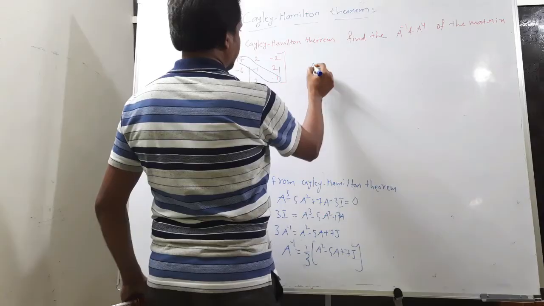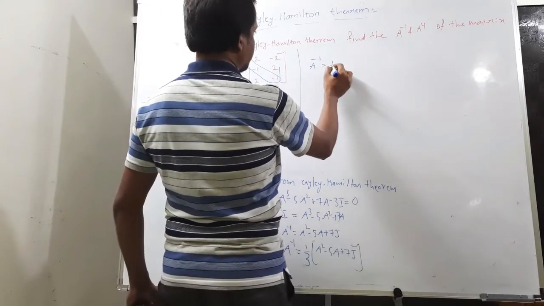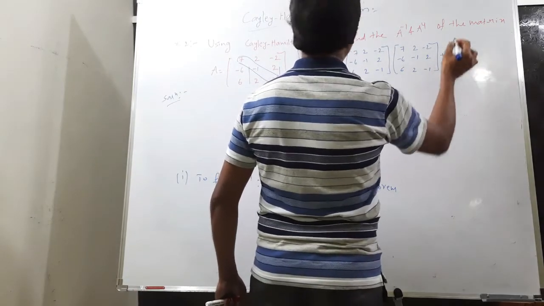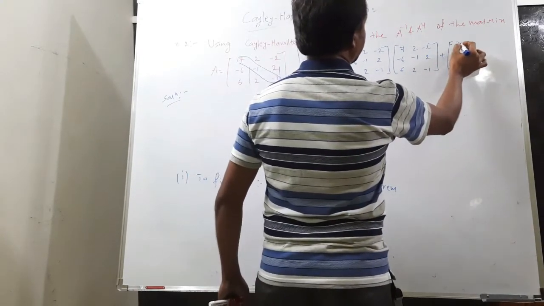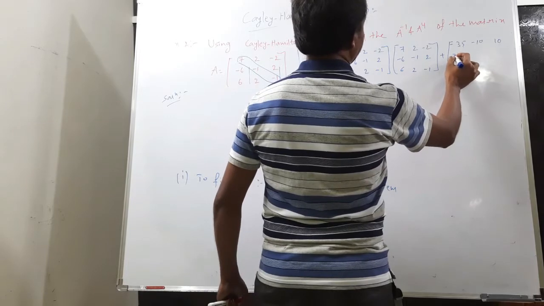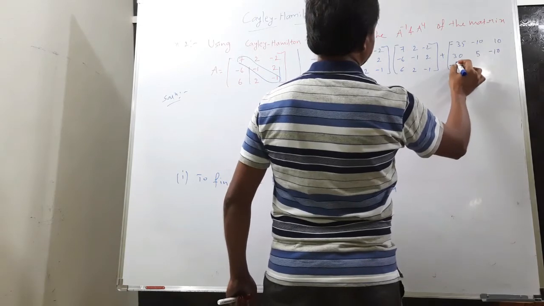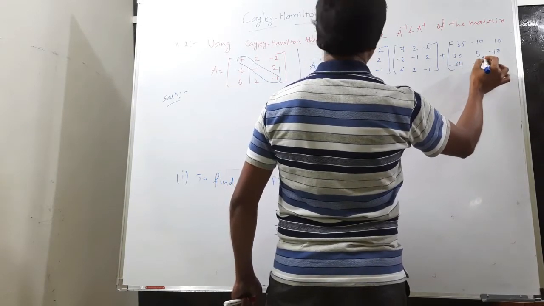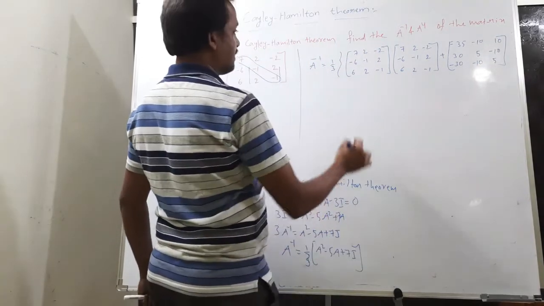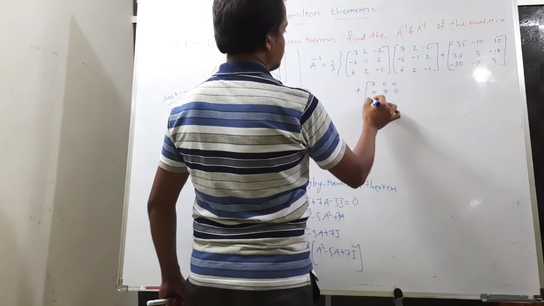Here I will write A inverse is equal to 1 by 3. A square means A into A, plus of minus 5A, minus 5 times the matrix, and 7I. 7I means 7, 0, 0, 0, 7, 0, 0, 0, 7.